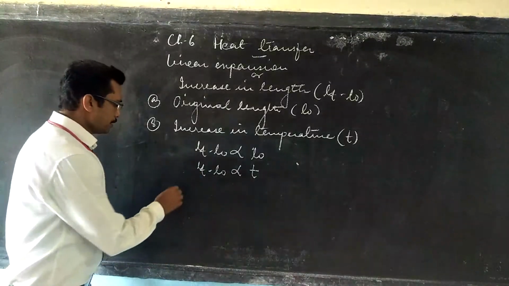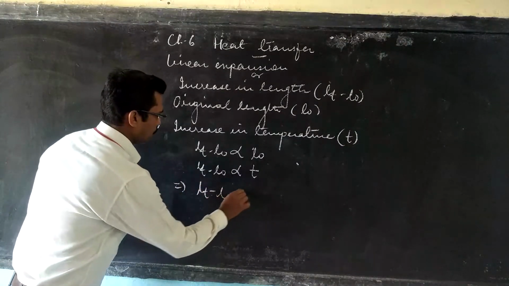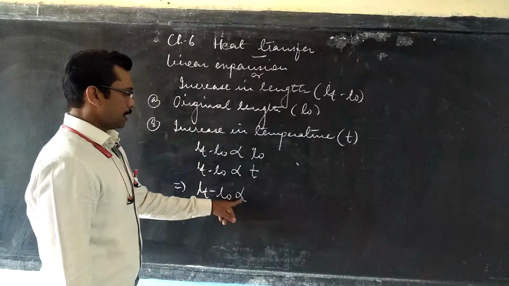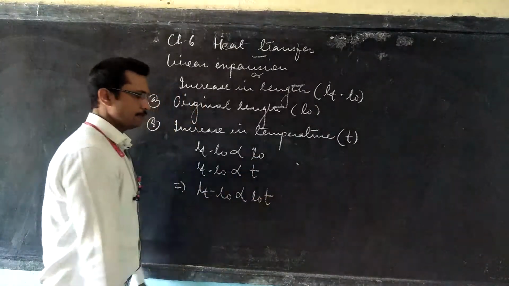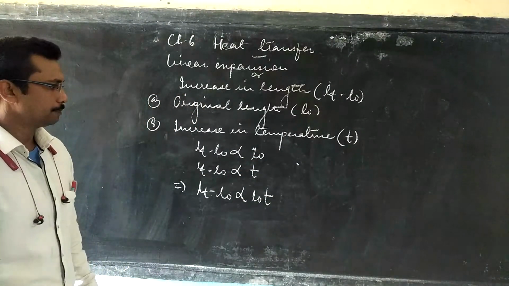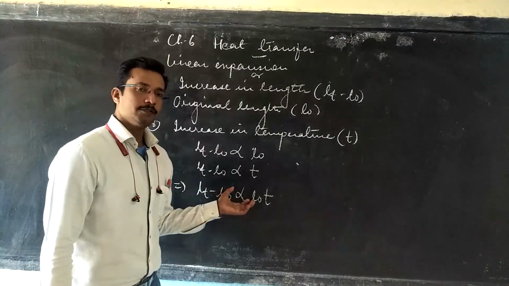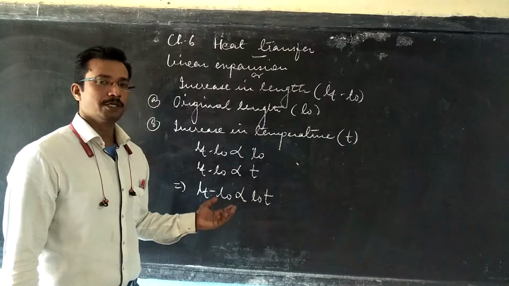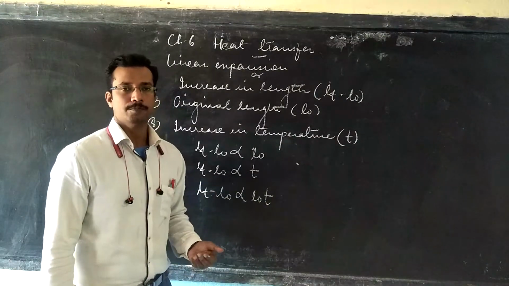Now combining these two, we can write that it is directly proportional to both original length and increase in temperature. Now to remove this proportionality sign and to change the expression into equality, we have to take one constant term.